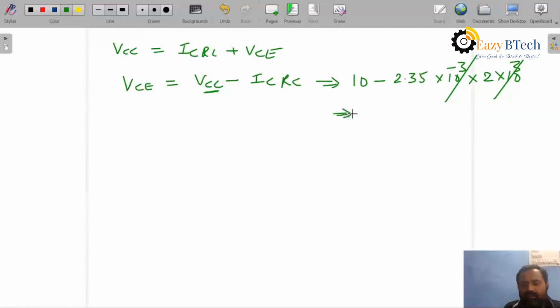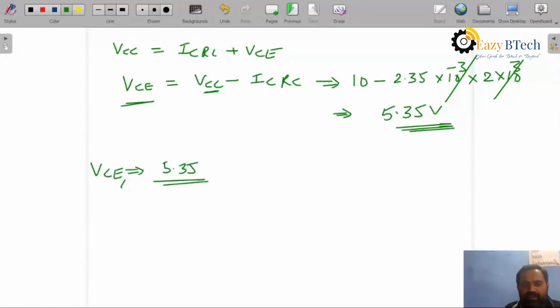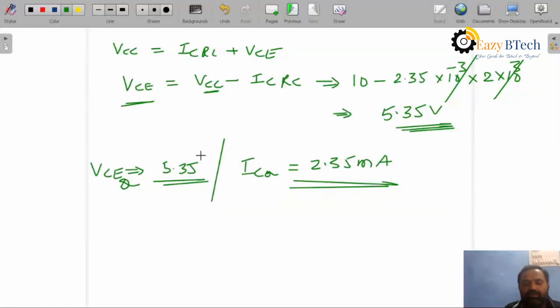We get the value of VCE, that is 5.35 volts. Now you got the output voltage VCE as 5.35, which we call VCEQ, and ICQ is 2.35 milliamperes. This is the operating point.